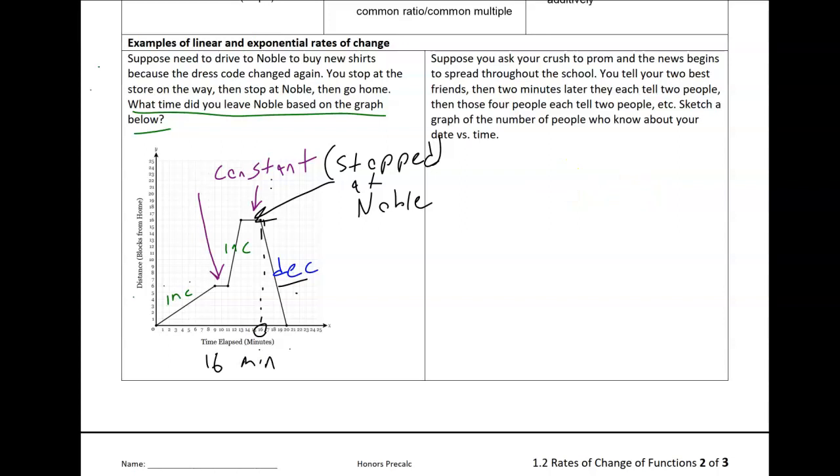So the news of your prom date is spreading like wildfire here. And if we made a little list of how many people know, so we could make a little table. So we have time versus number. So in the first minute, you tell 2 people, they tell 4 people, who tell 8 people, who tell 16 people, and so on. So that's an exponential relationship.